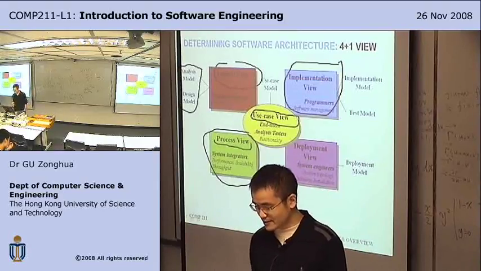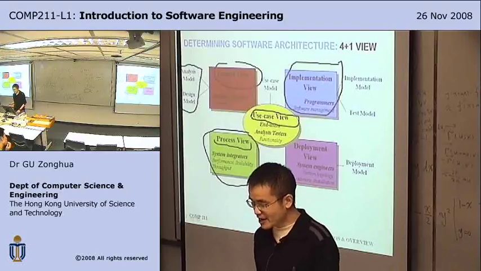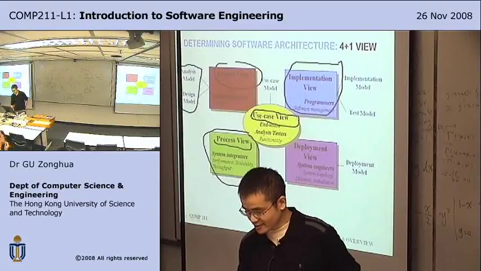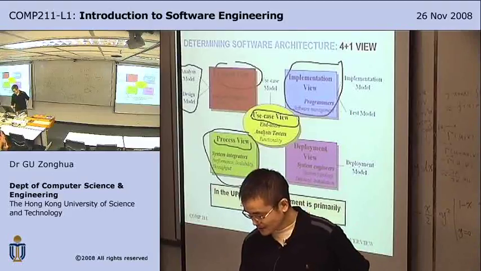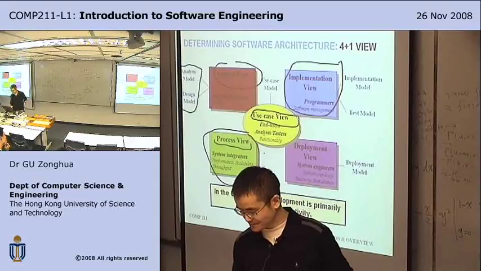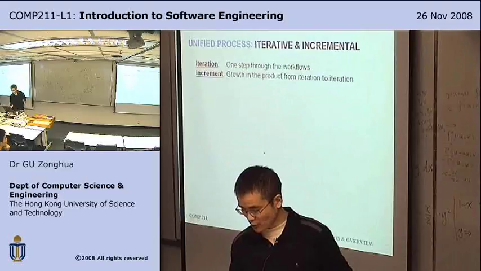It's like a system has a process for managing files and another process for something else. So the things you see in the process manager. So it's primarily a model building activity. So that's the 4+1 view.